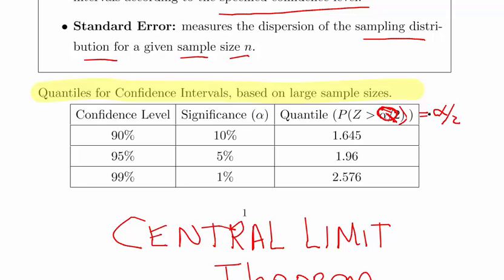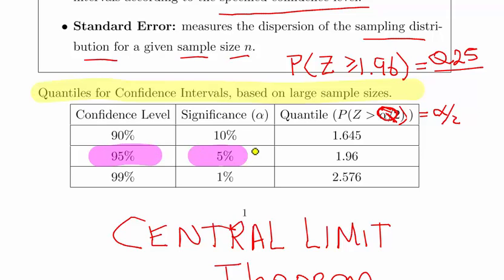So for example, the probability of z being greater than 1.96 equals 0.025, that's 0.05 over 2. Anyway, so what we're looking at here is a 95% confidence interval, which means a significance level alpha of 5%, and a bit of tables work should give you 1.96.